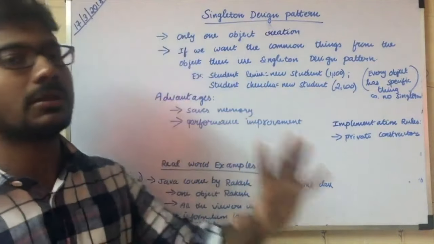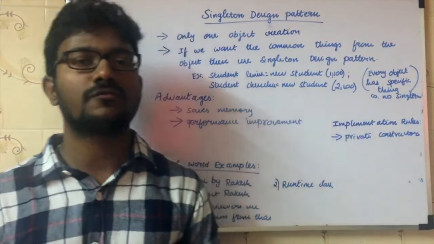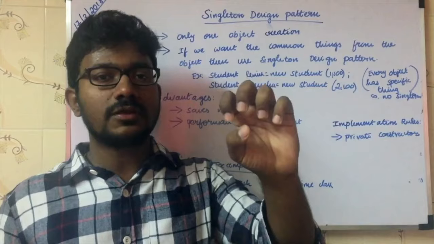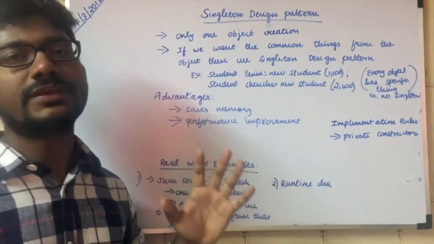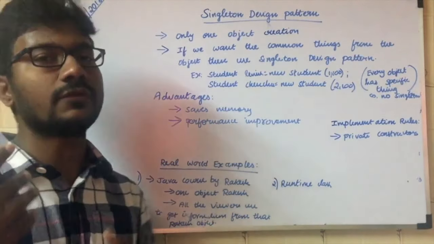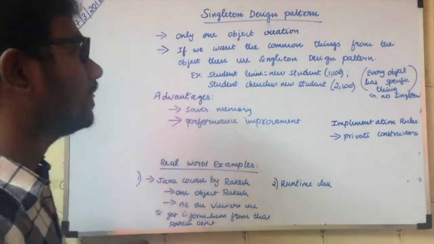So it saves memory. The second point is performance improvement. Creating an object needs some amount of CPU, and the object consumes memory. So these are the two main advantages of using the Singleton design pattern.